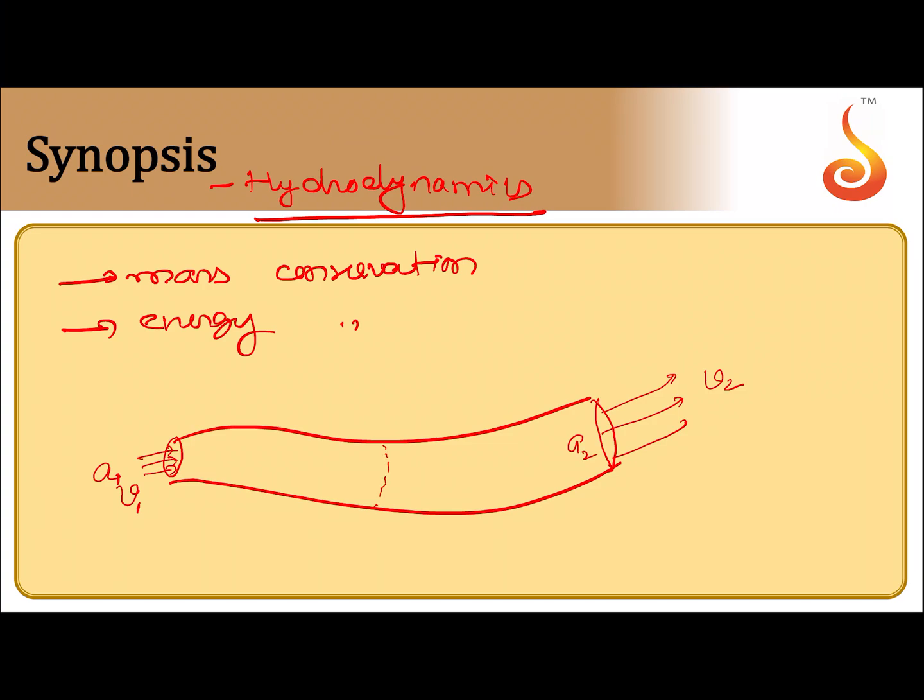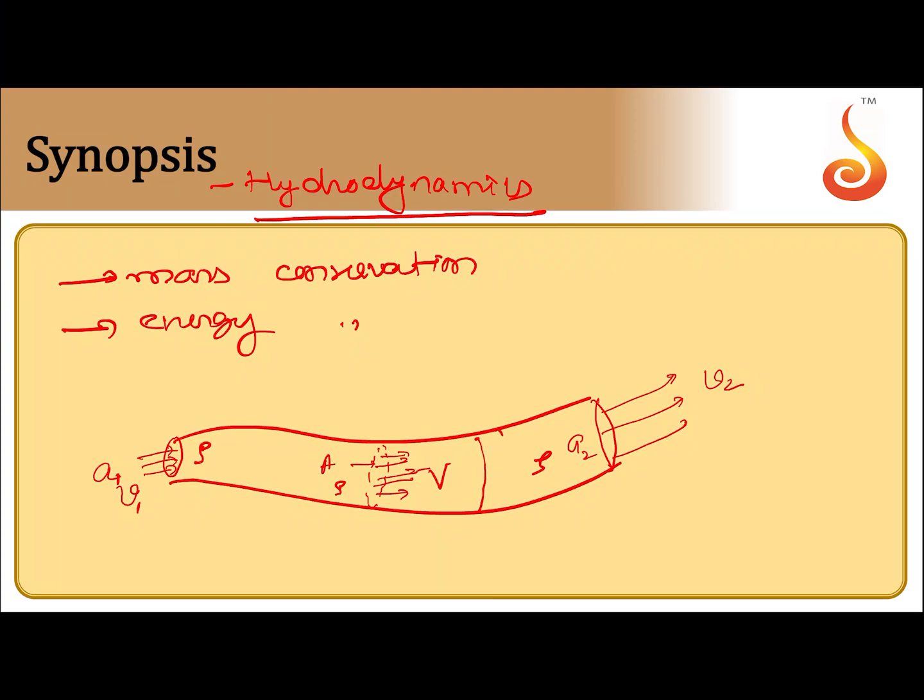And the same thing happens everywhere. If I consider this cross section as A and the fluid coming out here at a speed V, then the density of the liquid rho remains constant everywhere, which means that the volume of the fluid flowing per unit time should remain constant.